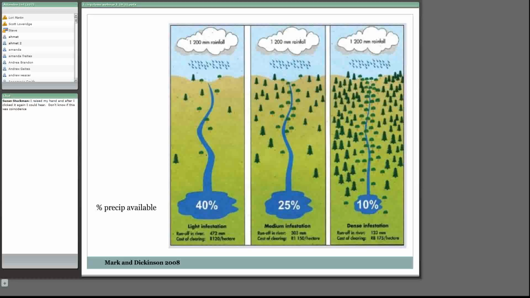And one of the biggest effects on this is year-round water use. So if we take this example and talk about exotic species, the reduction or the effect on cover also has an effect on water yield. And this is an area that's being looked at in South Africa, and there's also application or consideration of this in other locations.